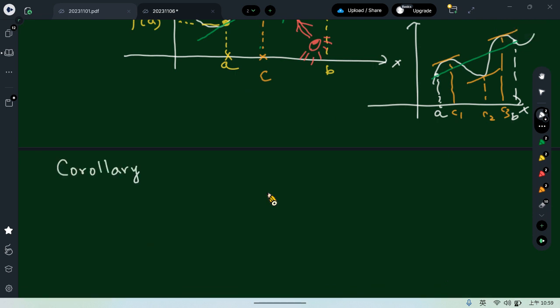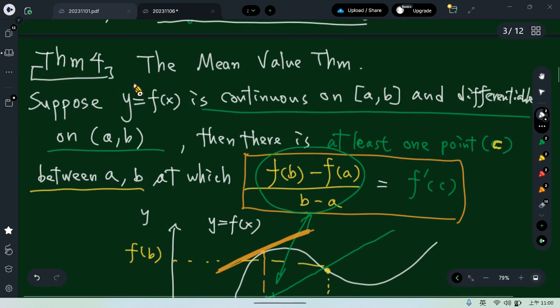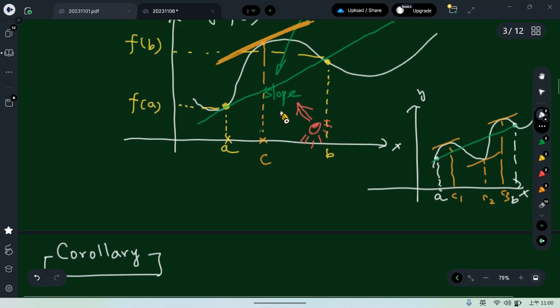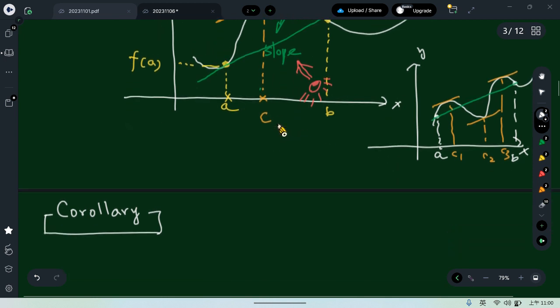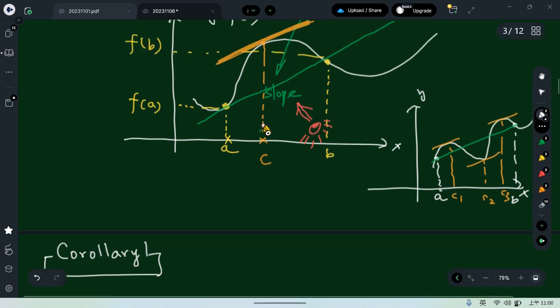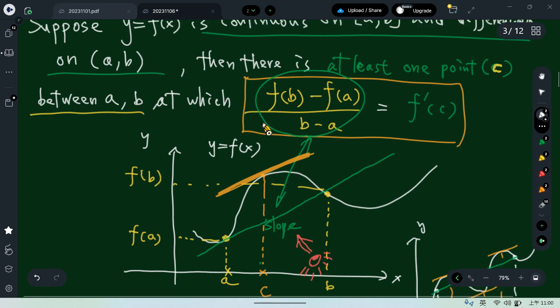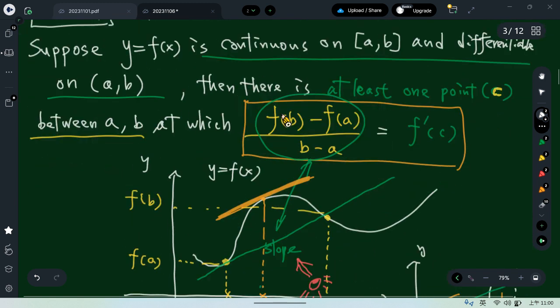What is corollary? Corollary means we just have a main theory here, and then we can just extend the idea to get more results. We can regard it as a small theorem, but actually the idea is totally coming from the main theorem.